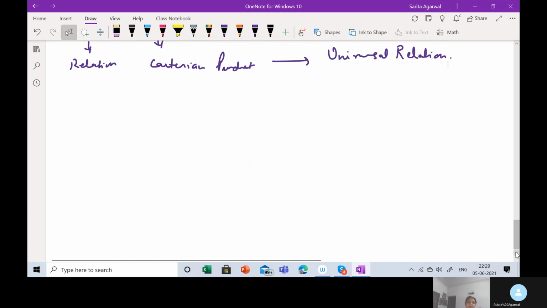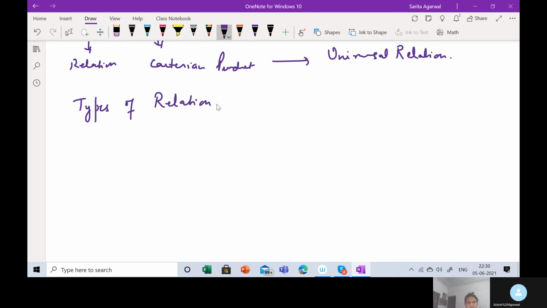Now we are coming to the types of relations. Mathematically, we have three types of relation: one is reflexive, another is symmetric, and another is transitive.